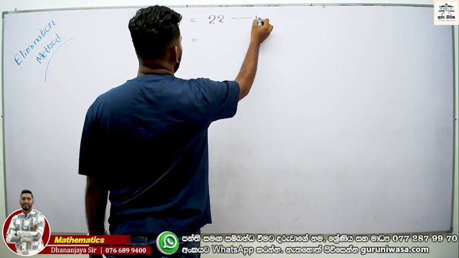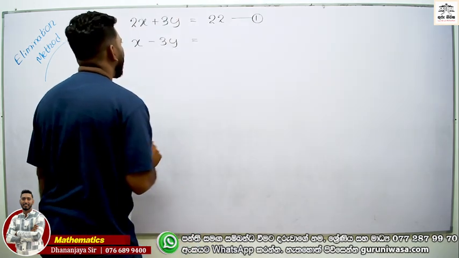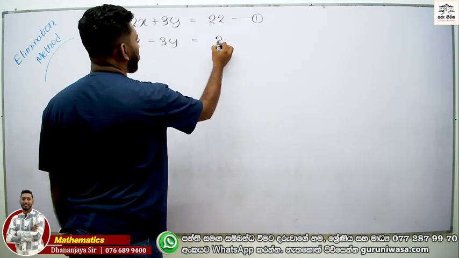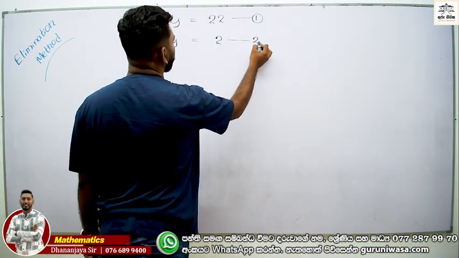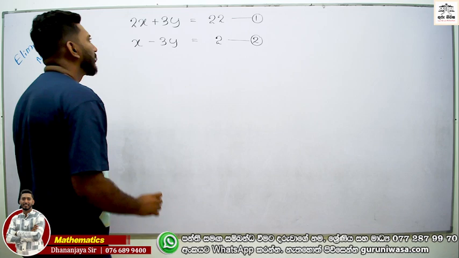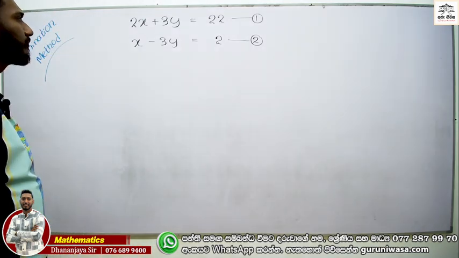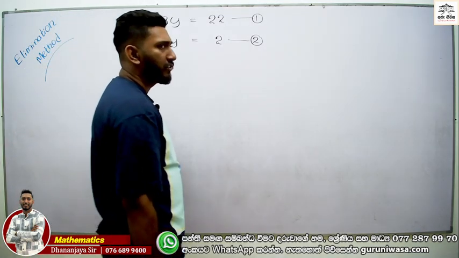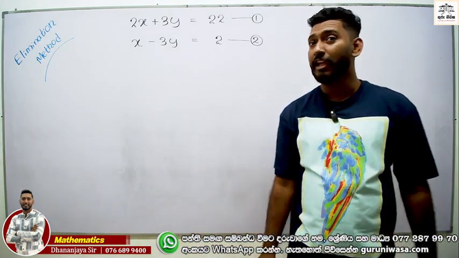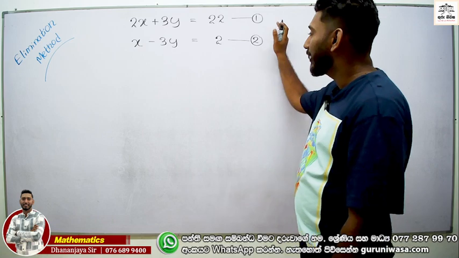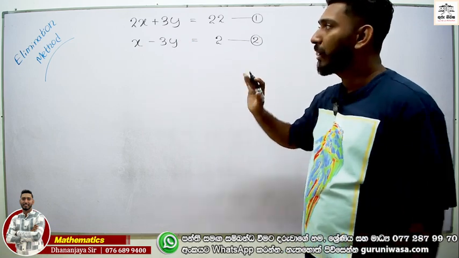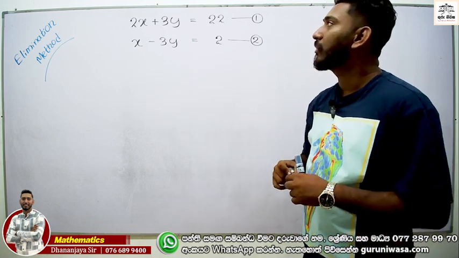This is equation number 1 and this is equation number 2. And this is what we call simultaneous equations. Firstly, we have to name them equation number 1 and equation number 2. Now we are looking for the equal coefficients.